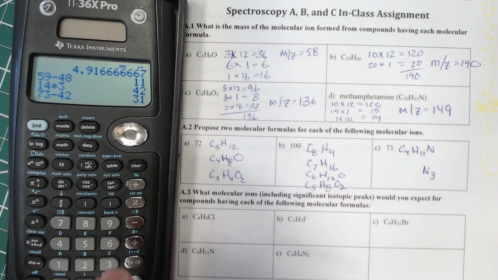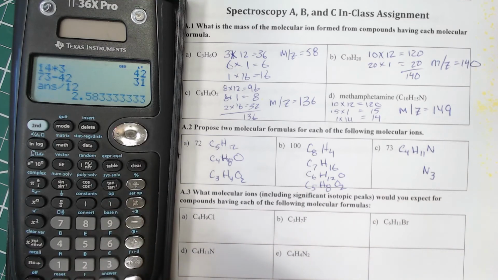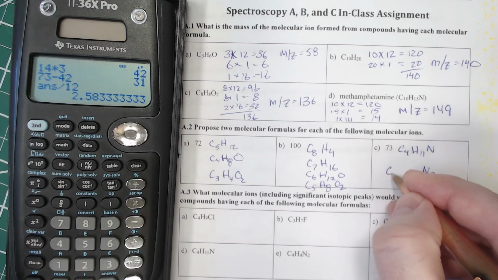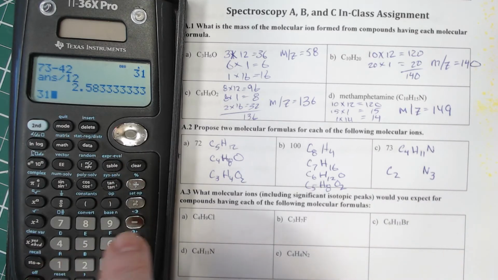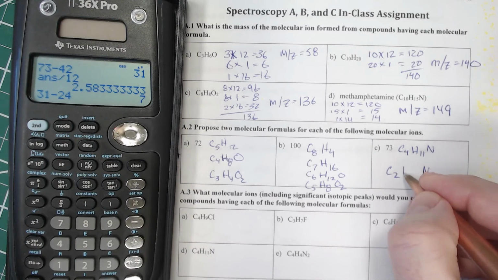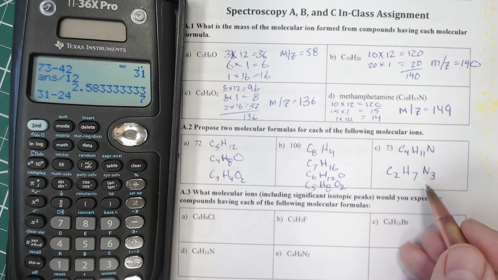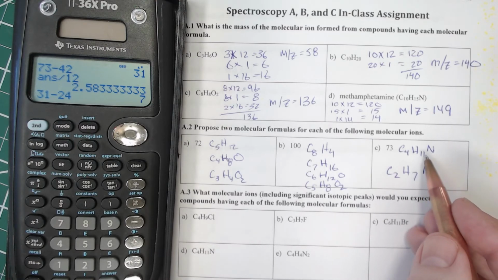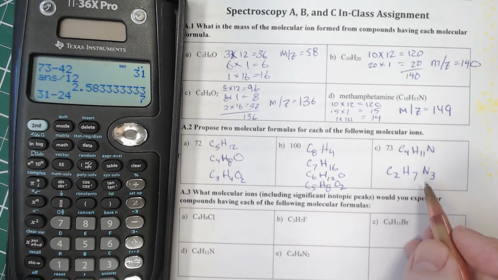And so that's going to give us a maximum of 2 carbons, right? If we divide that by 12, we have 2. So we'll put C2, and then 31 minus 24 tells us we have 7 hydrogens. Now, offhand, I don't know of a particular molecule that has this formula. The one up top is much more likely than this one, but it is a possibility.